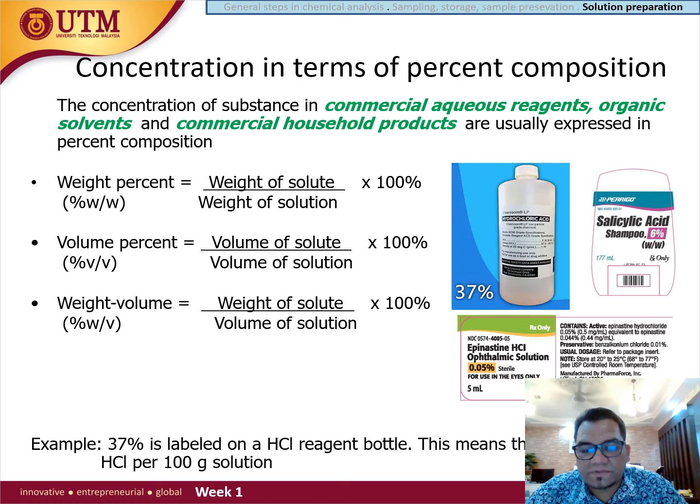So we have 37% hydrochloric acid, right? What about the salicylic acid shampoo? It is 6% weight by weight, so it is 6 gram of salicylic acid in 100 gram of the shampoo solution, right?